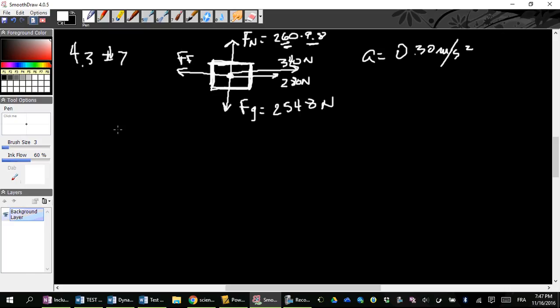Okay. So let's find, well, we can't find FF yet because we don't know the coefficient yet. Oh, I see. We know A, right? Okay, that's a neat problem.